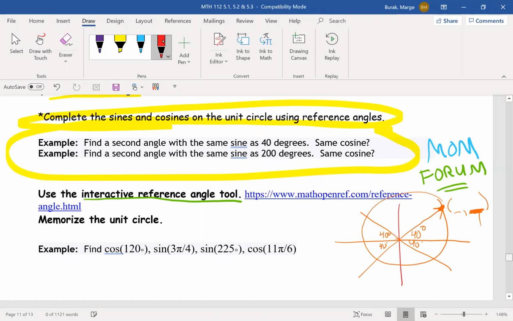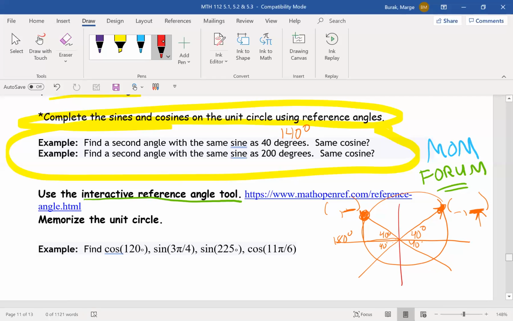So I need a positive sine, and that is in this quadrant. We're going to have a negative cosine and a positive sine. So whatever this angle is right here has the same sine as my 40 degrees. And that angle is going to be 180 back up 40. So the answer is 140 degrees. So another angle that has the same sine as 40 is 140.